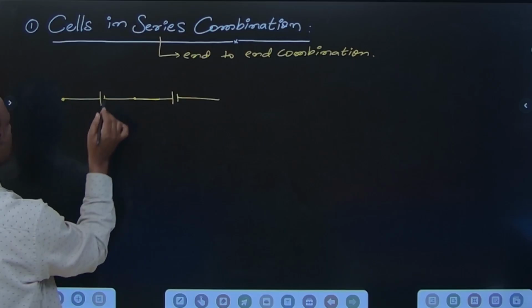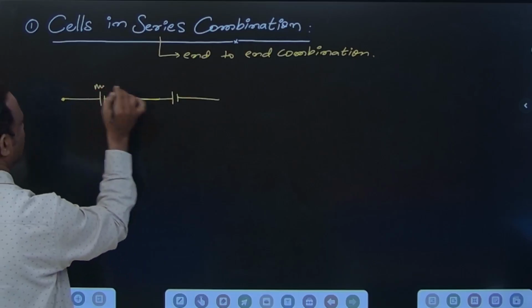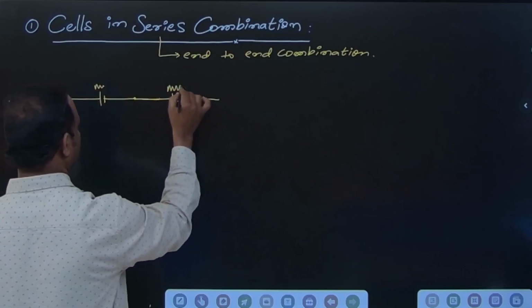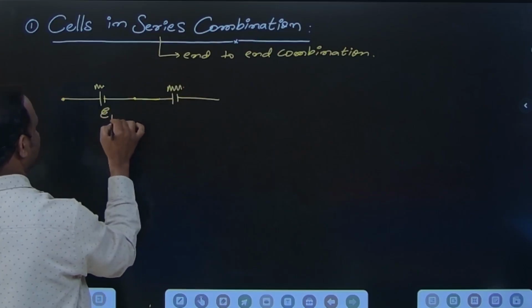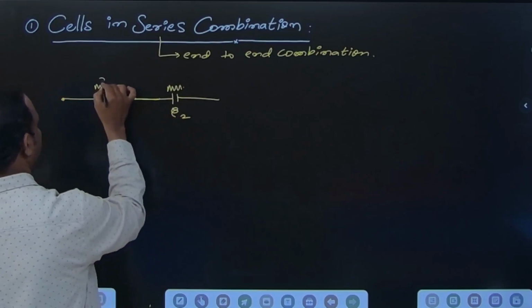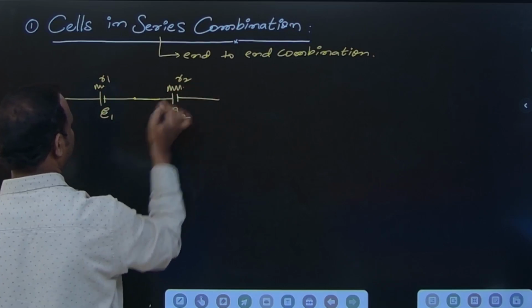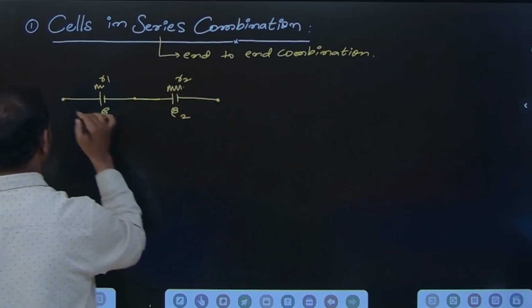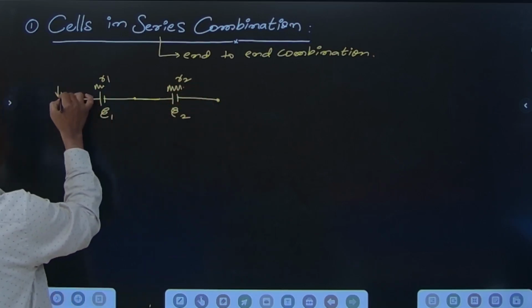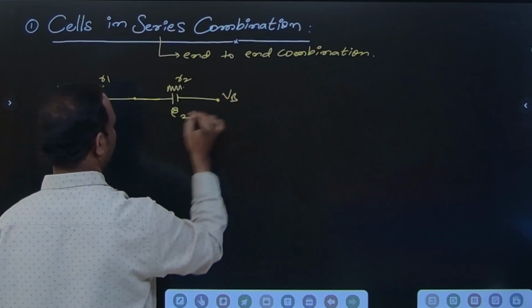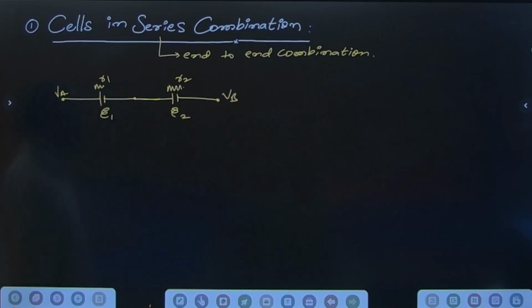You must remember each has its internal resistance. The EMFs are E1 and E2, and the internal resistances are R1 and R2. The potentials at the terminals are VA and VB.